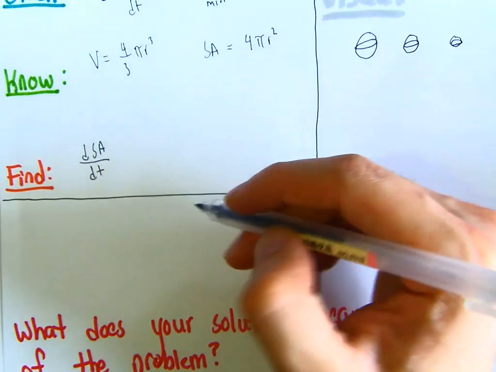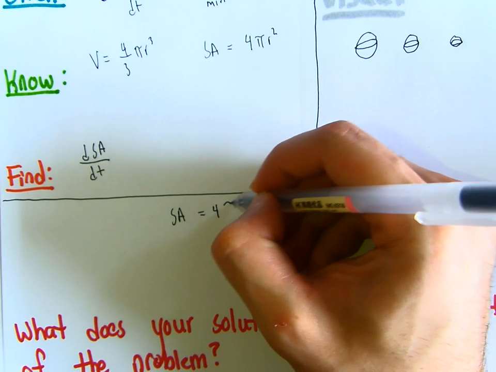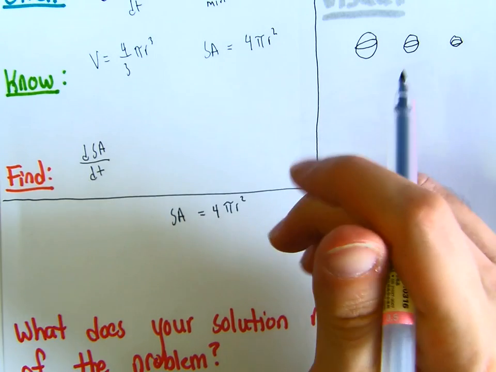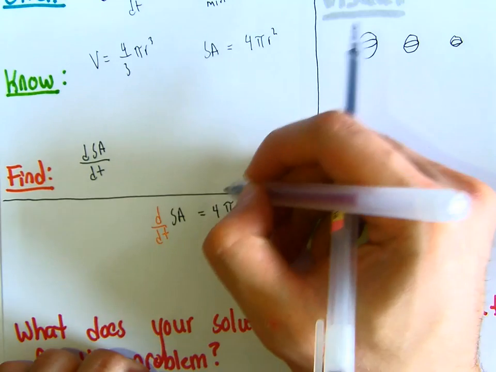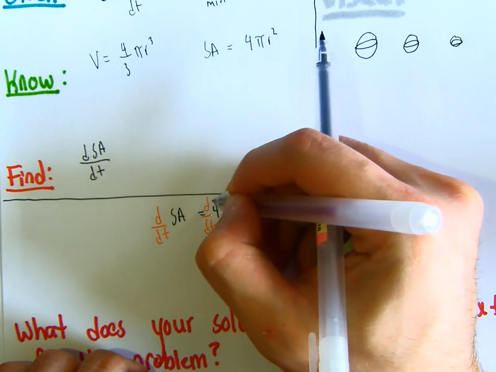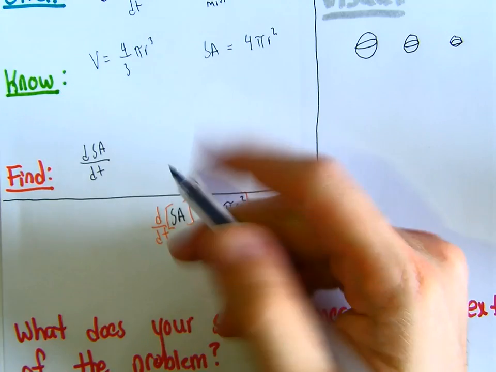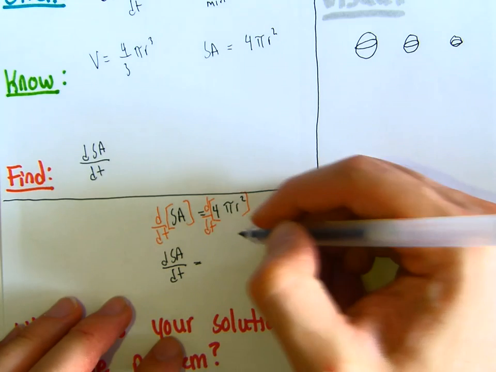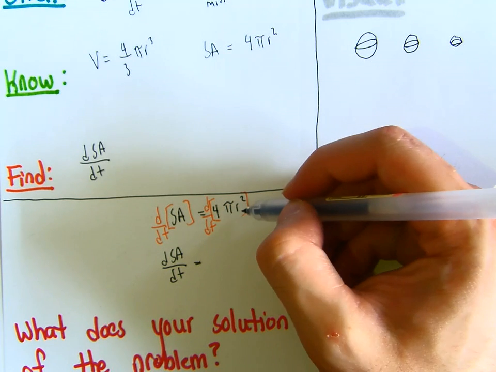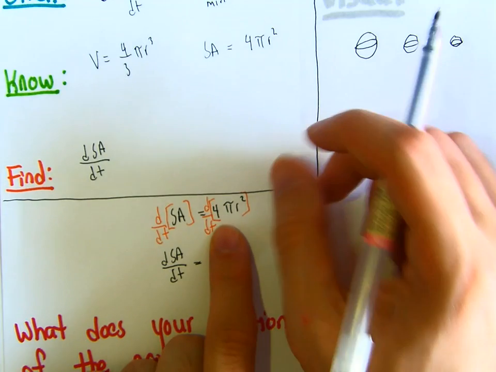If we take the surface area, which is equal to 4 pi r squared, and take d dt on both sides, what do we get? We have d capital SA dt is equal to the derivative of 4 pi r squared. Notice that the 4 pi is a constant.